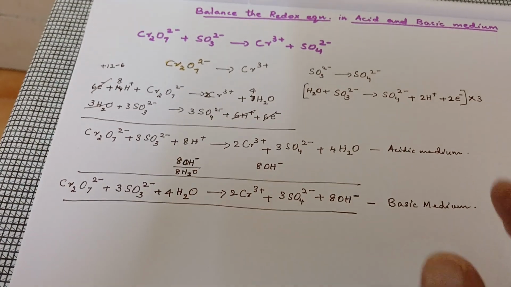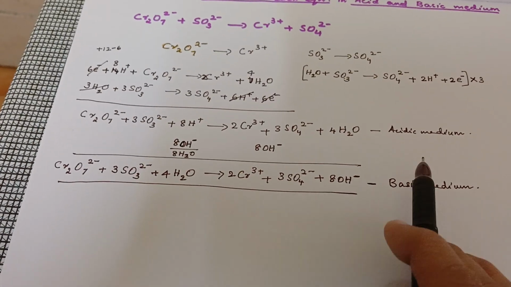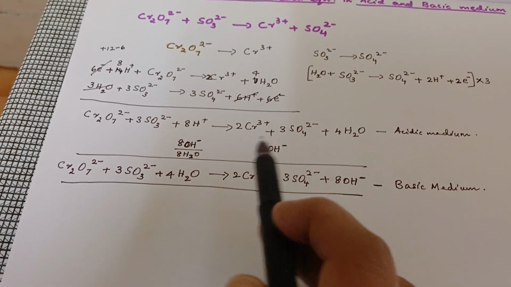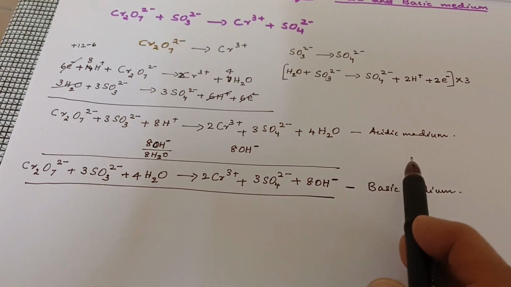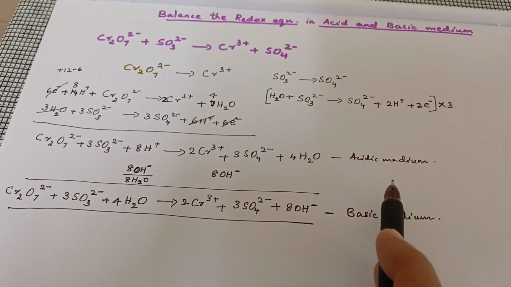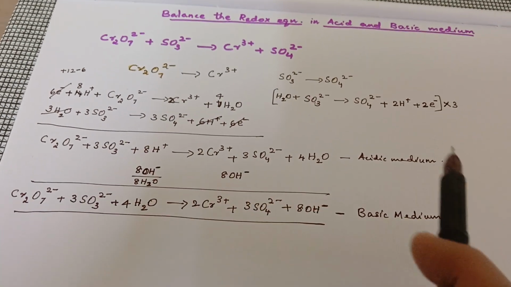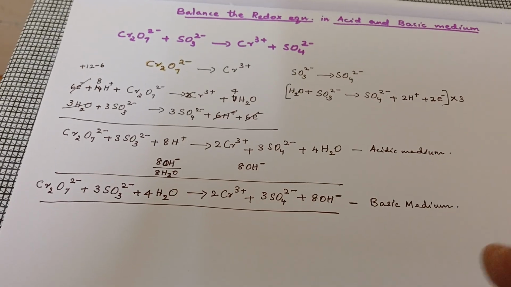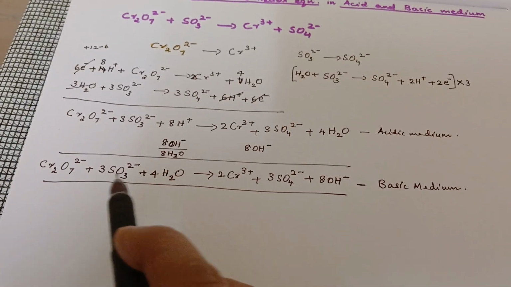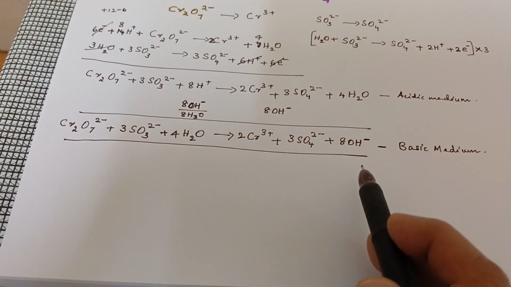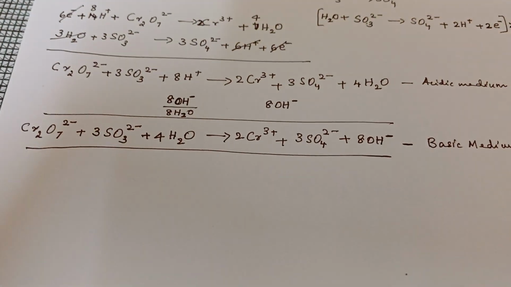Then we make the number of electrons the same in both equations, cancel out the electrons and combine the equations, and then we get the balanced equation for the acidic medium. Then if there are H plus ions there, we add an equal number of OH minus ions to it, and thus we get the balanced equation for the basic medium. Hope it is clear.